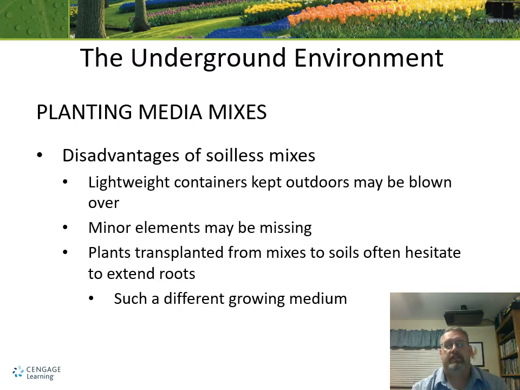So the disadvantage of these is they typically can be lacking certain nutrients, and then you have to supplement those back in. And when you are transplanting these plants out into the environment, sometimes plants have a tendency not to want to leave this really easy growing medium because it's really soft and they can push roots through really easy.